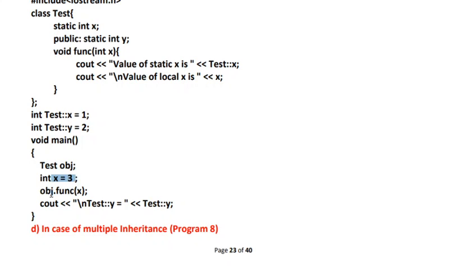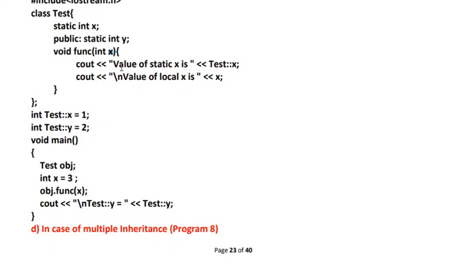Using the object, I'm calling the function defined inside the class by passing x. The value of x is 3, so this 3 will be passed to func, and this x will take the value 3.